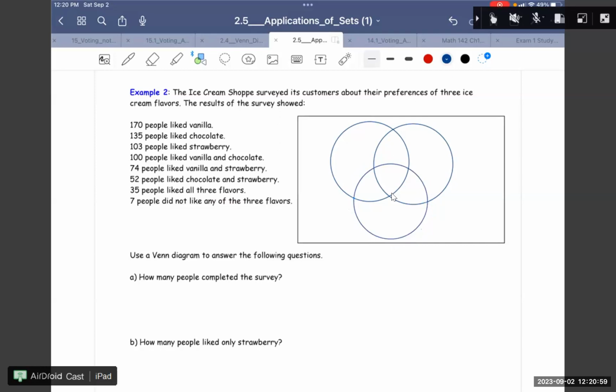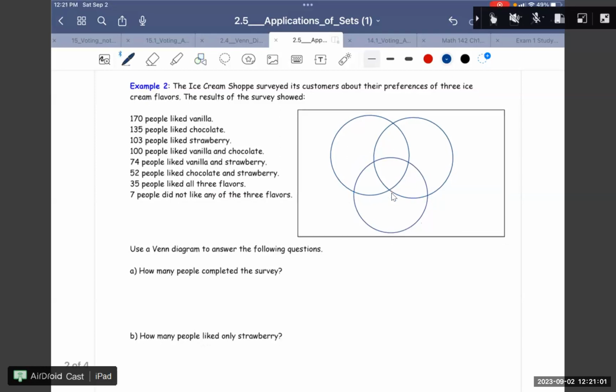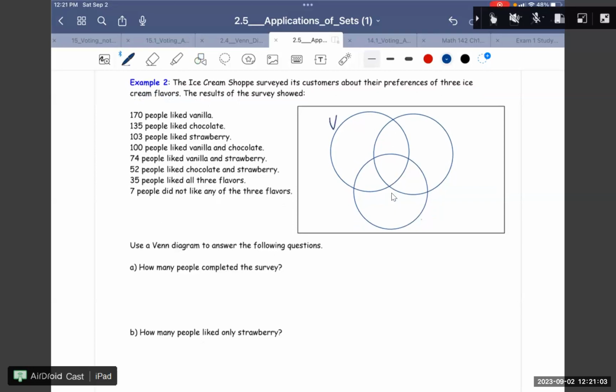So we call these vanilla, chocolate, and strawberry. And make sure you don't forget this is the union, always. So we have 35 who like all three flavors. So we have 35 people.